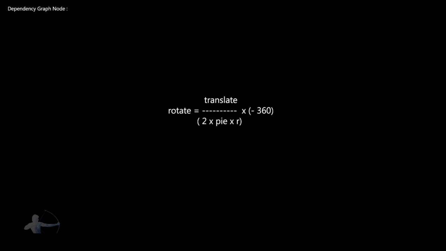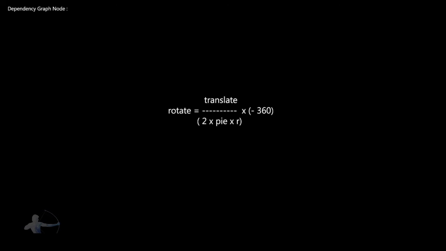So the rotation here is equal to translation divided by 2 pi r, which is the formula for the circumference, into negative 360. So the variables are translation and the radius. 2 pi and 360 are the constants, so we don't need them as input.